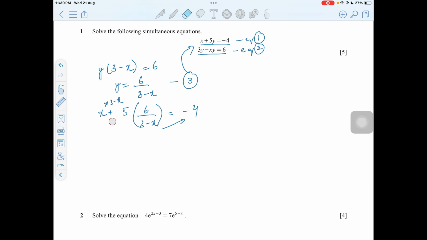So this would be something like x into 3 minus x would be 3x minus x squared plus 30 equals negative 12 plus 4x. Now bringing all the things on the right hand side to make the x squared positive, so this would be x squared plus 4x negative 3x would be plus x, and this would be negative 42.